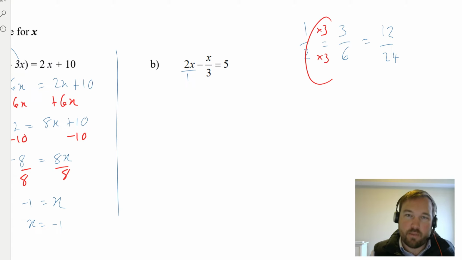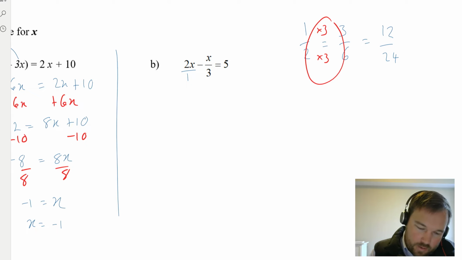If we multiply the top and bottom by the same, we don't change the fraction. It's a neat trick. We can multiply top and bottom by the same as many times as we want, and we don't actually change anything. So here, I'm going to multiply top and bottom by 3. And you'll see why in a second.